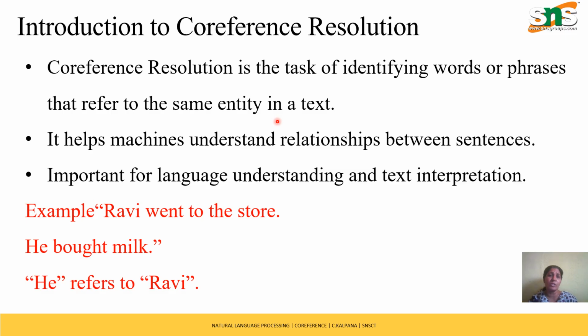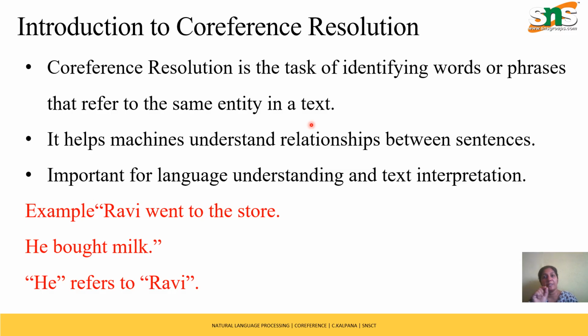First we will see what coreference is and how it is important for natural language processing systems. It is the task of identifying words or phrases that refer to the same entity in a text. In English grammar we have a term called pronoun.